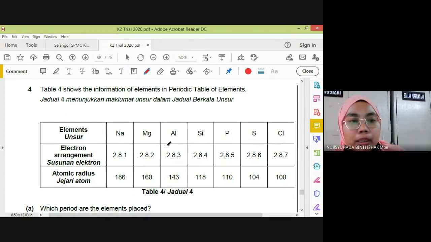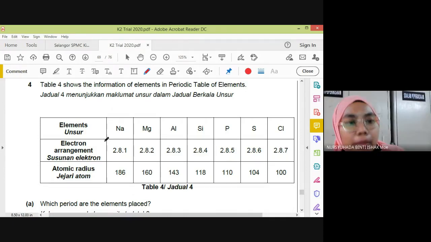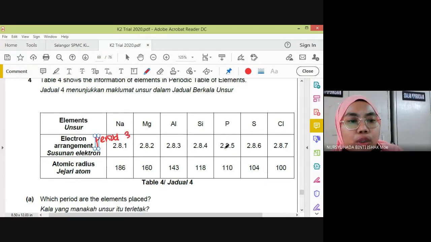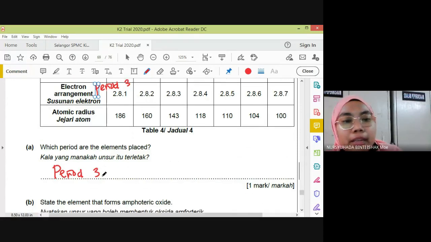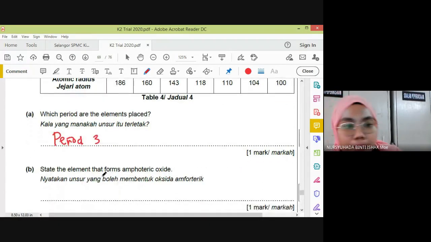Period 3. All are located in Period 3 because all have 3 shells. Very good. So which period are the elements placed? Period 3, 1 mark.